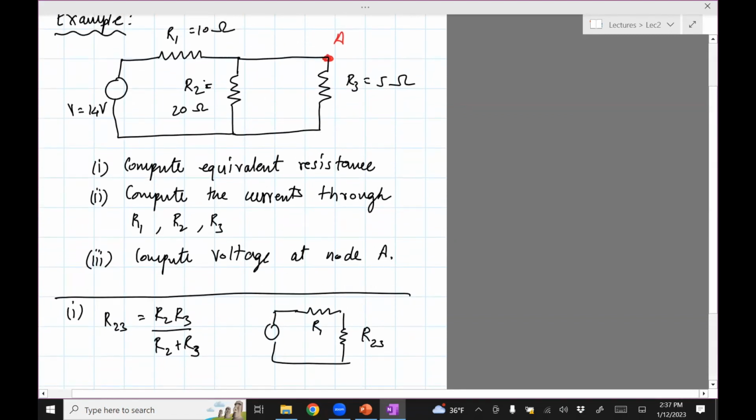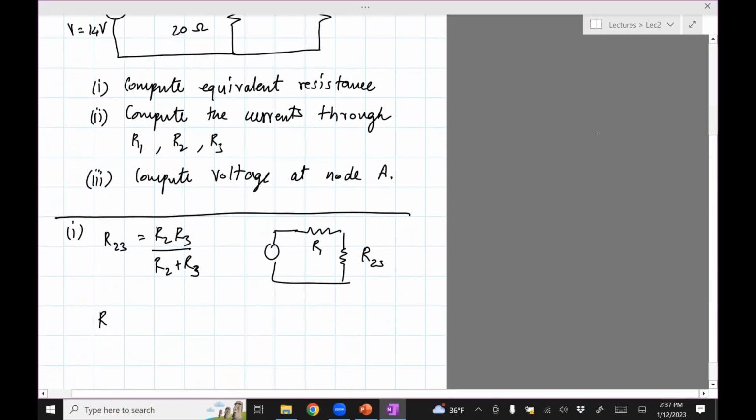And now we have just two resistors, R1 and R23, and we can see that those two are in series. So the net resistance is going to be R1 plus R23. I'm just using the series formula I derived earlier, but now R2 and R3 are combined into one, like I've shown there. So now we can draw this as a single resistor, and that's why I call it R effective.